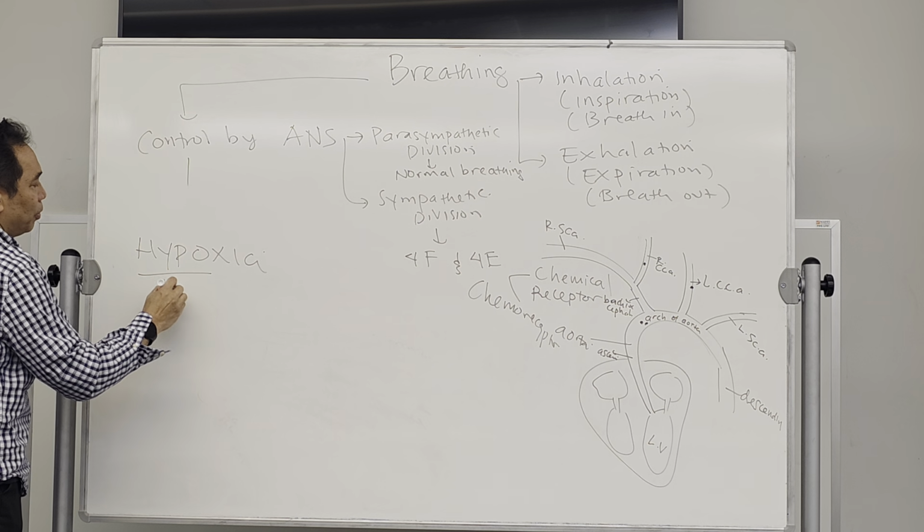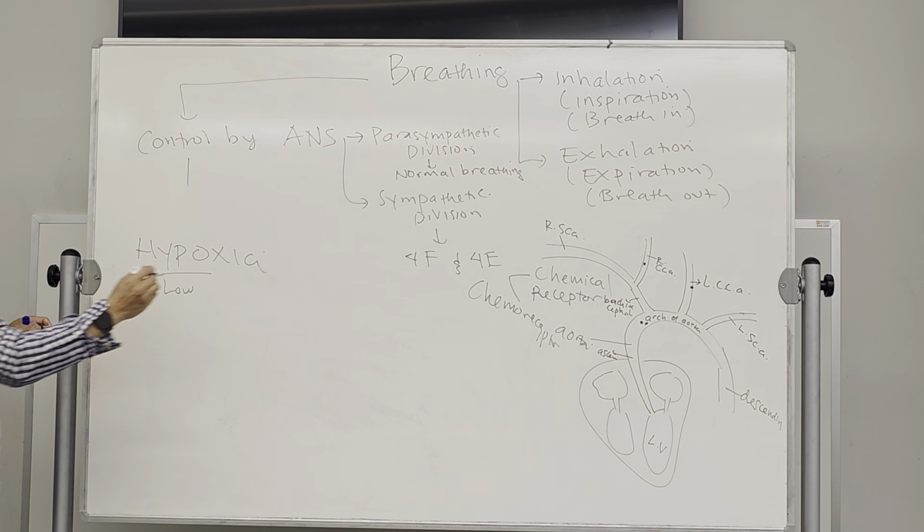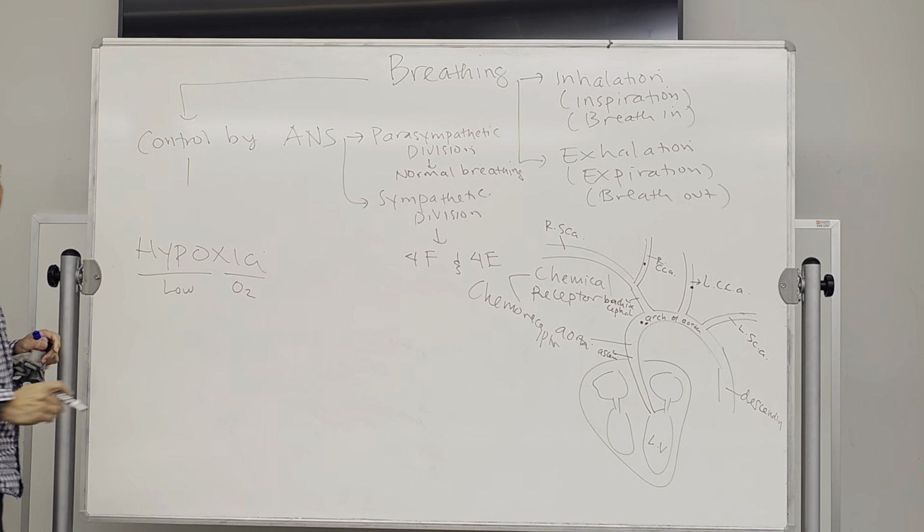Hypo means low. Oxia means oxygen. It tells us whether our blood has low oxygen or not. So if it is low, then that condition is called hypoxia. Maybe you have heard this terminology, okay? Hypoxia means low oxygen concentration, whether in the blood or maybe in the tissue.